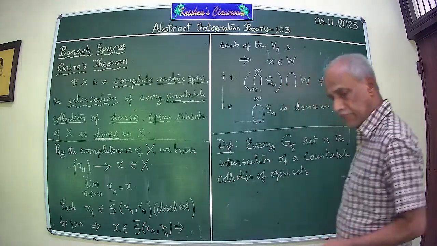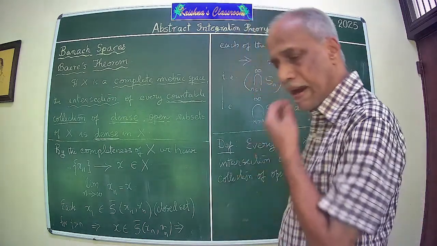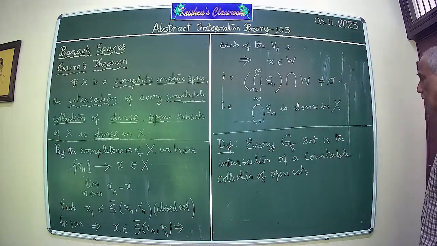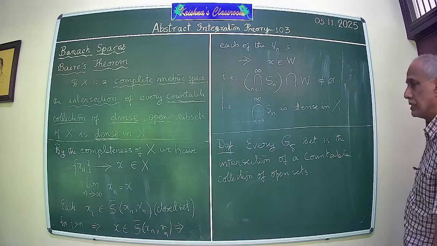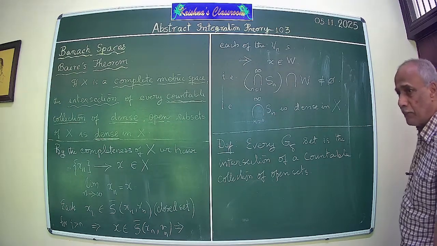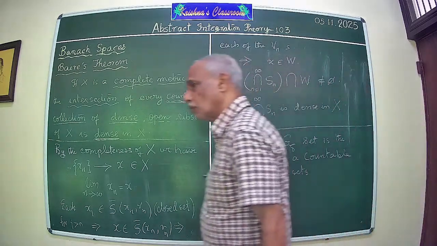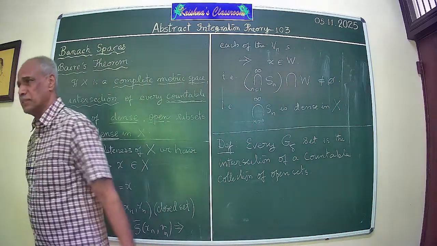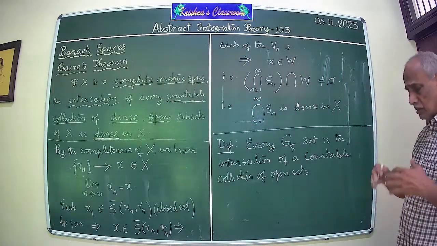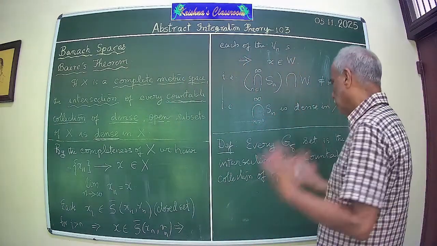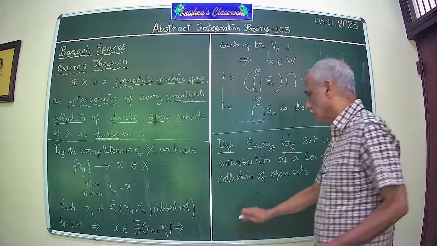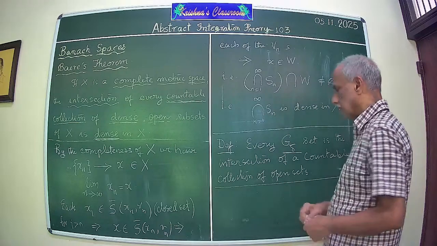In this context you should realize that finite intersection of open sets is open. Okay, but you cannot make that statement about the countable intersection of open sets. I mean, one can easily give an example. Therefore, such sets are given a new name, namely a G delta set. So this is called G delta set.